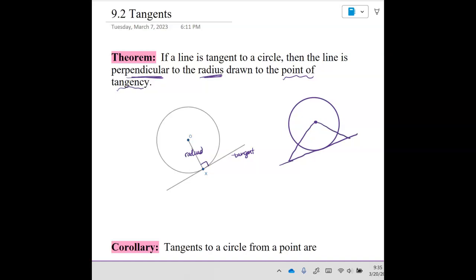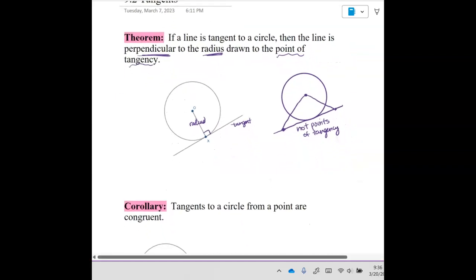These two lines right here are not going to be perpendicular to the tangent because they do not meet the tangent at the point of tangency. So these points right here are not points of tangency. So we don't know what the measure of those angles are right there. So not points of tangency.